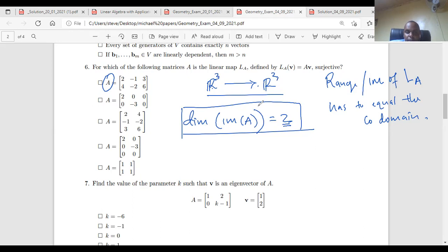Another theorem connects the kernel to the dimension of the image.